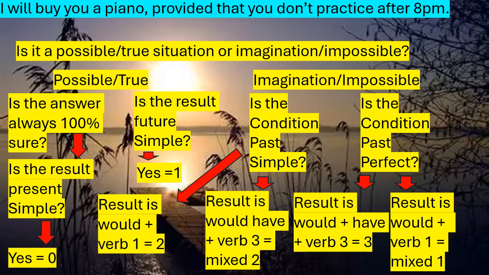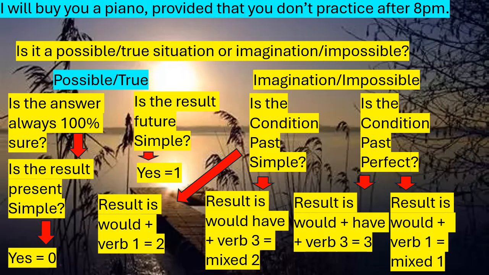I will buy you a piano provided that you don't practice after 8 p.m. Now, this one doesn't have if, it has provided that instead. So again, we have the conditional part, provided that you don't practice after 8 p.m., at the end, and the result, I will buy you a piano, at the beginning. So is it possible or true situation?